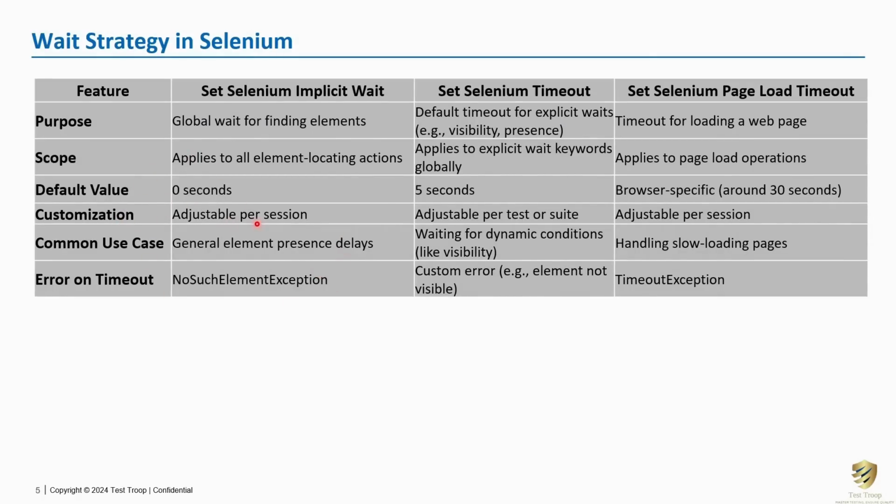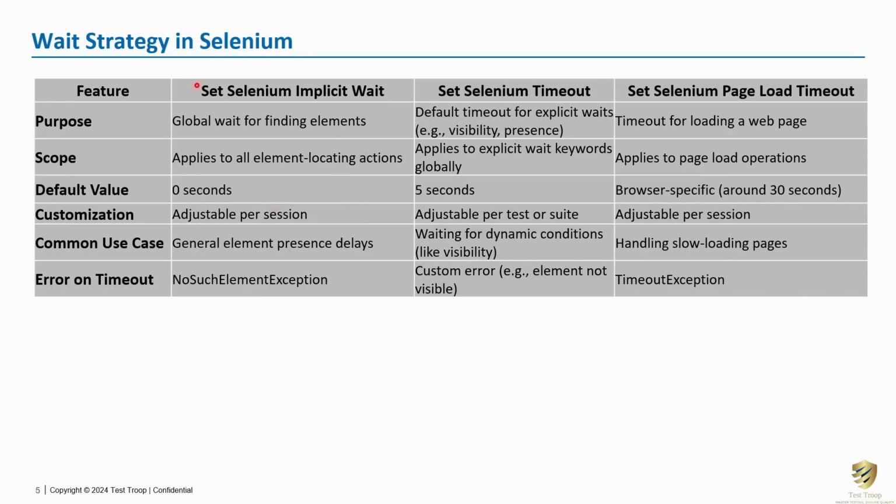Customization, adjustable per session. Wherever you want to set a different kind of wait, for example, for finding some element you have set 5 seconds. If you want to change the Set Selenium Implicit Wait to 10 seconds, you can set it immediately before you perform that particular action. Okay, so for example, you know that once you perform a search, the search results appear after 15 seconds.